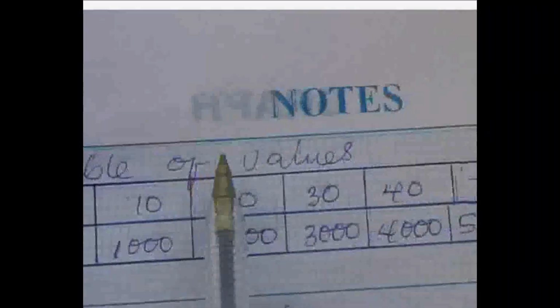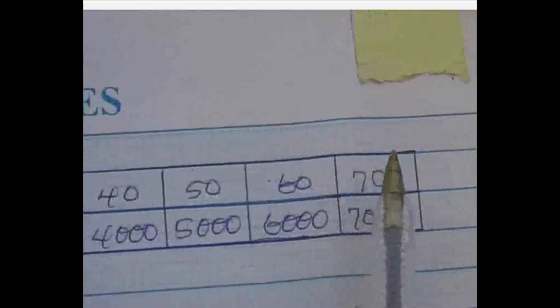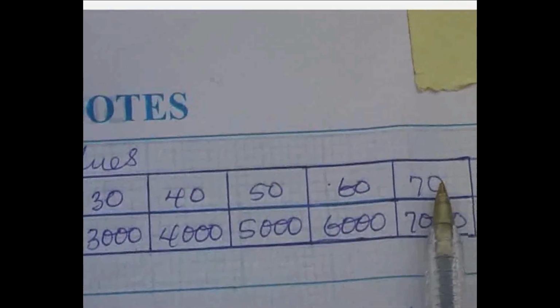So in calibrating your x-axis, you first of all count. You have 1, 2, 3, 4, 5, 6, 7, 8, 9, 10. But you have 1, 2, 3, 4, 5, 6, 7 pieces of 10 to calibrate.